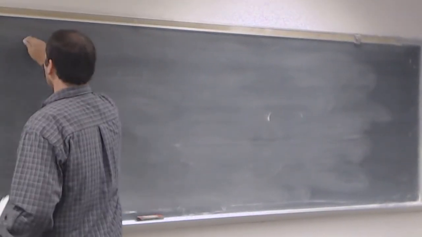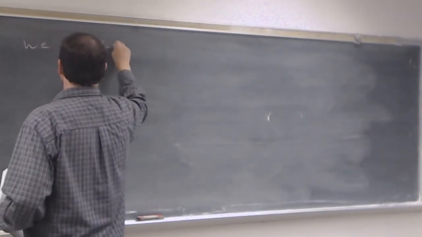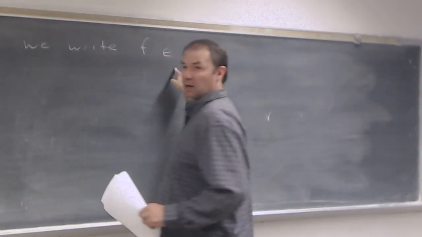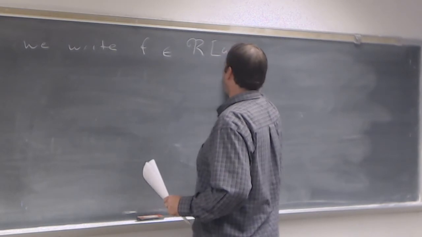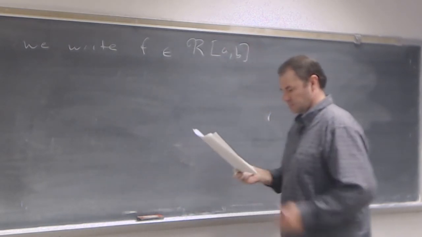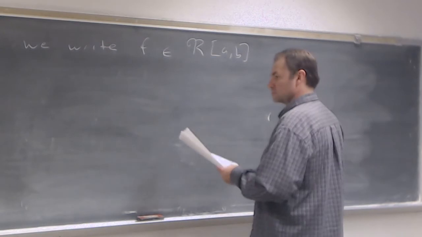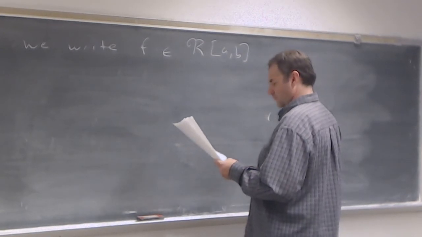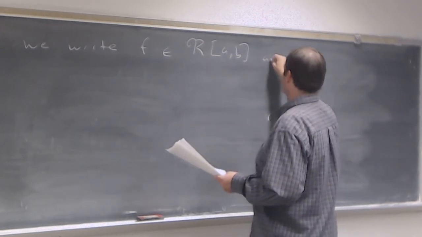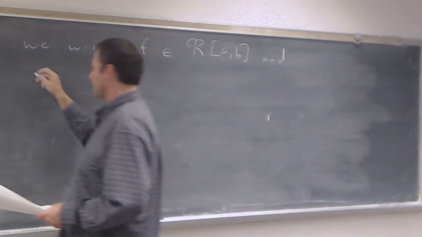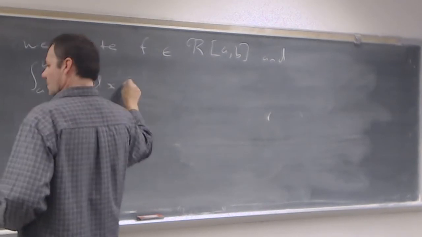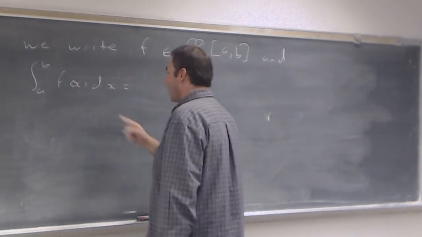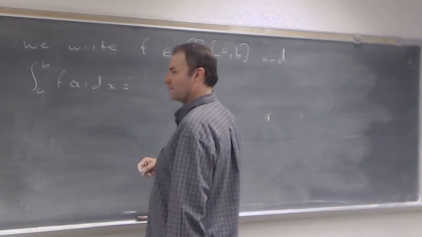So when the function is Riemann integrable, we write f is an element of the Riemann integrable functions on A to B. And we could say this Riemann integral, A to B of f of x dx, is equal to, so what is this integral? That's the Riemann integral.